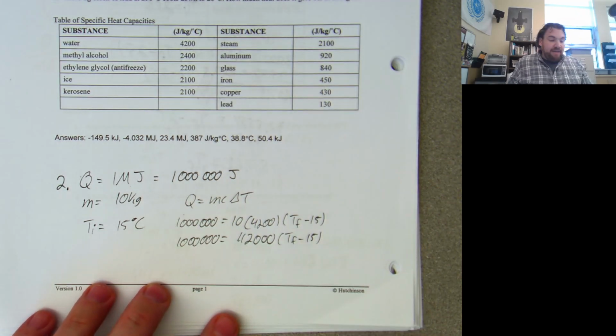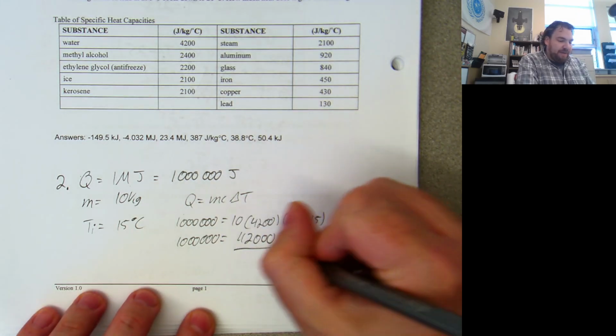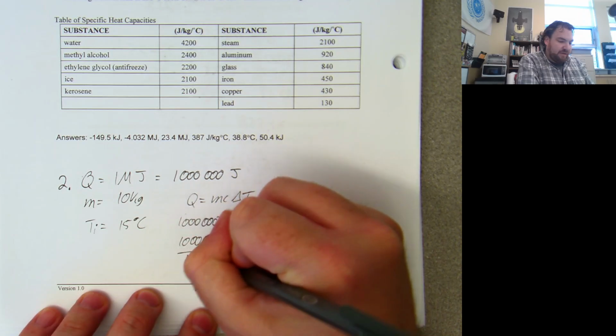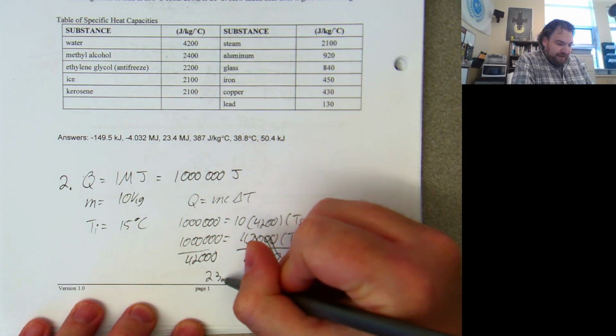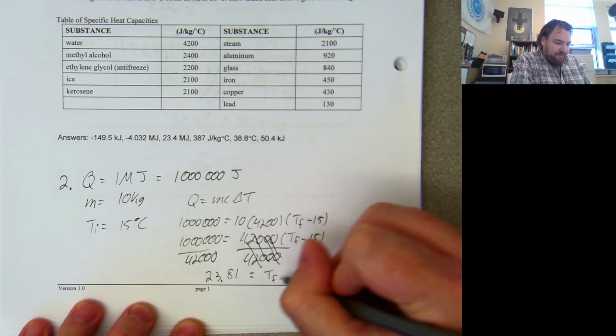And now we use some algebra to solve this. We're going to solve it by dividing both sides by 42,000. That's going to cancel that. So we're going to get 1 million, 1, 2, 3, 4, 5, 6 zeros, divided by 42, 3 zeros. And we're going to get 23.81 equals T final minus 15.